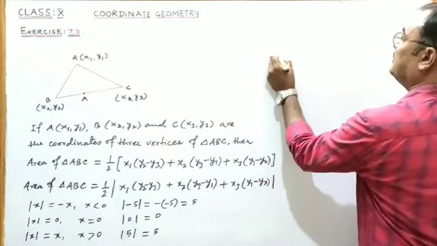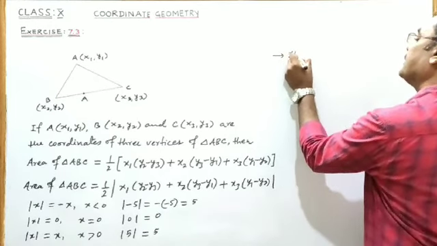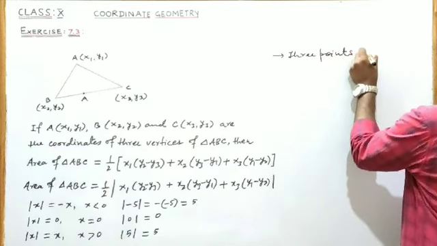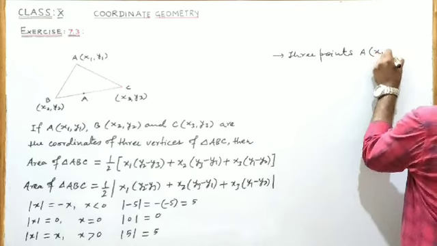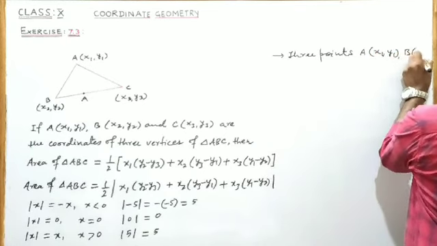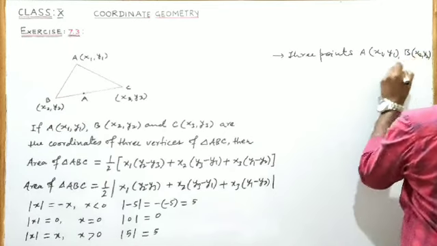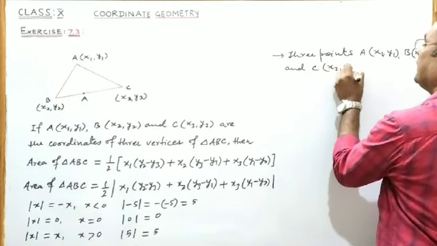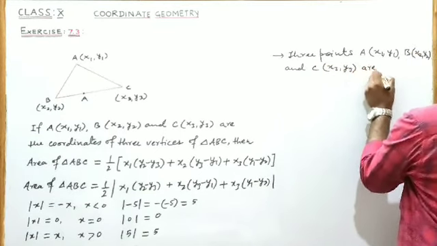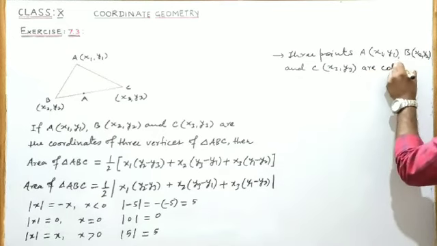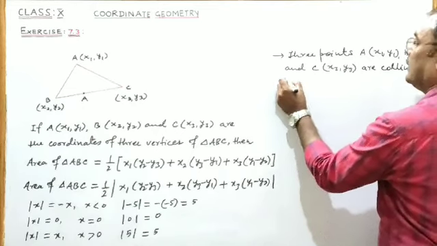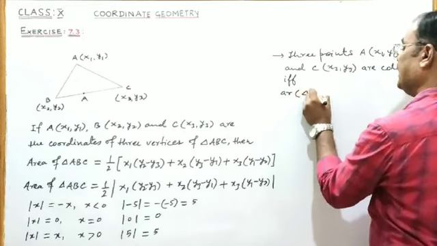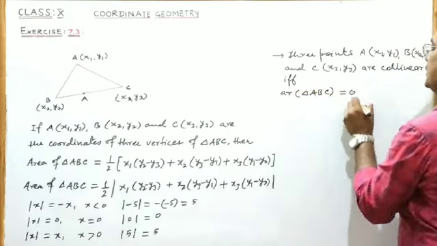So 3 points x1, y1, x2, y2 and x3, y3 are collinear if and only if area of triangle ABC becomes 0.